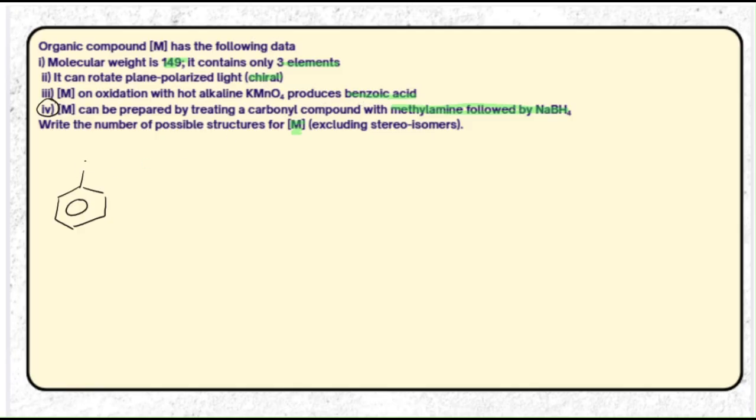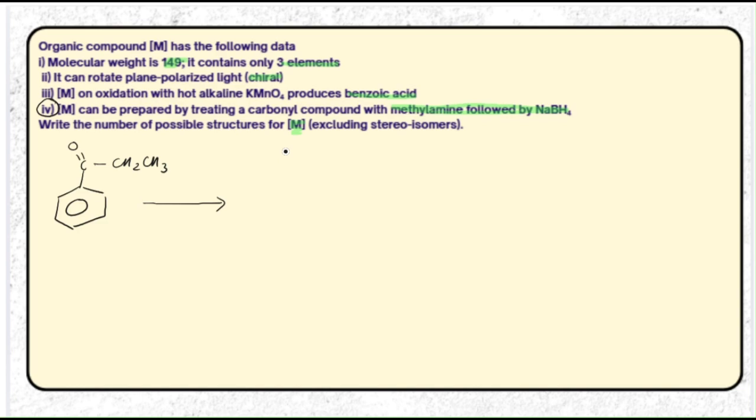Or even the carbonyl can be directly attached. And how many carbons do we need? In order to match this mass, let's assume we take an ethyl group here like this. You can try for methyl, ethyl, hydrogen, etc.